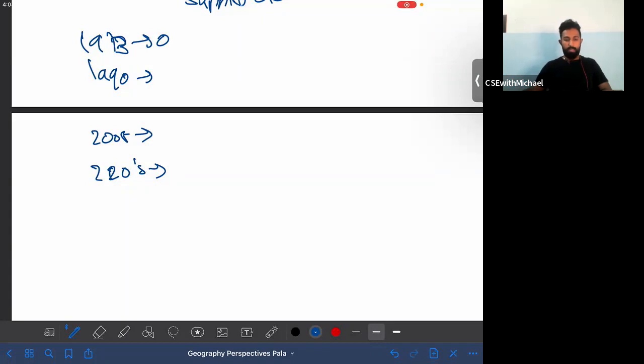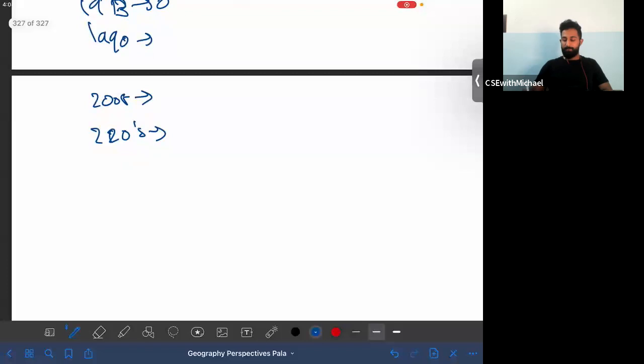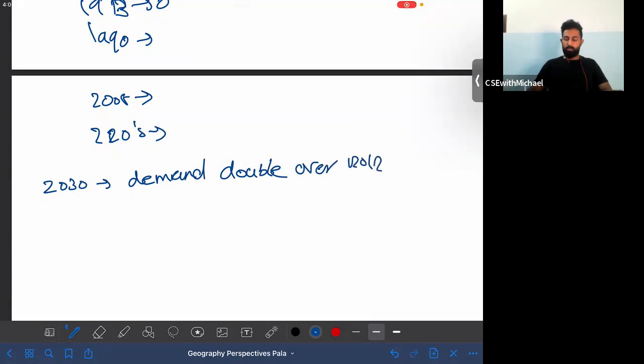Now, if you look at the aspects of energy crisis in India, by 2030 the demand would be doubling over 2012 levels. By 2030, if GDP grows at 6%, we will have about 2.5 lakh megawatt requirement.